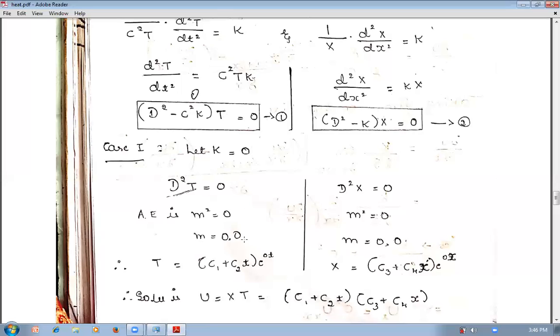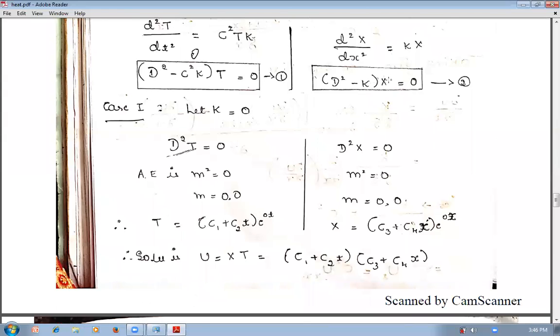Roots are real and equal. Then write the solution T in terms of t. This is an important step. Here the equation involves capital T and small t, dependent variable big T and independent variable small t. We have to write the solution T in terms of small t. Roots are 0, 0. The solution is (C1 plus C2 t) into e power 0t.